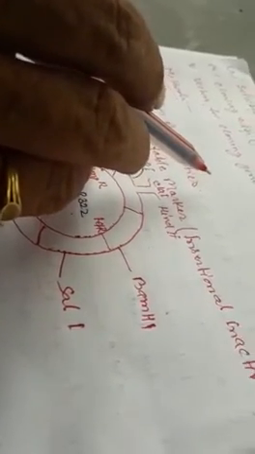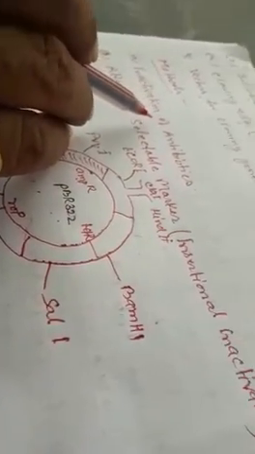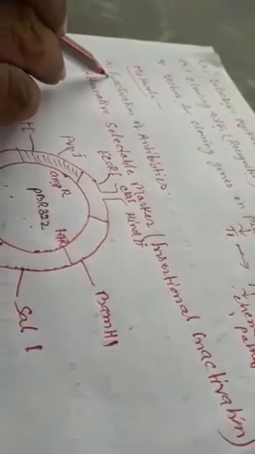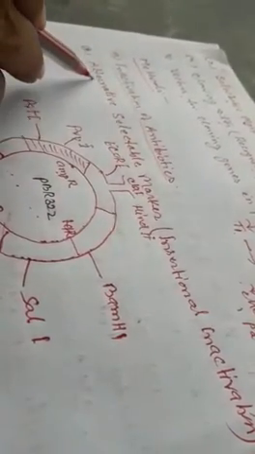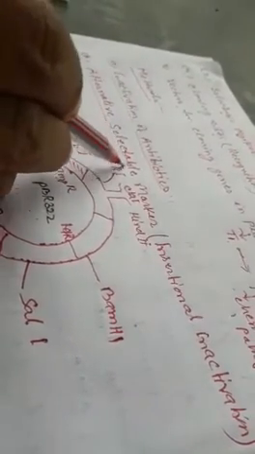So selection of recombinants can be done by one of the following methods. First is insertional inactivation of antibiotics, and second, alternative selectable markers.